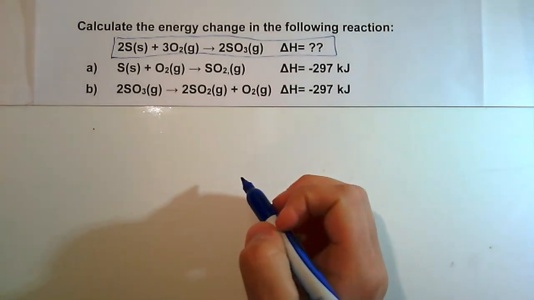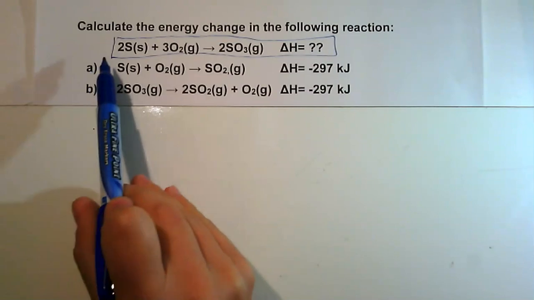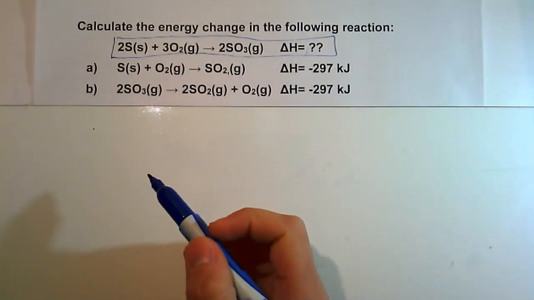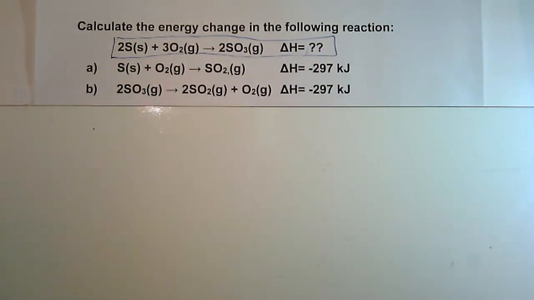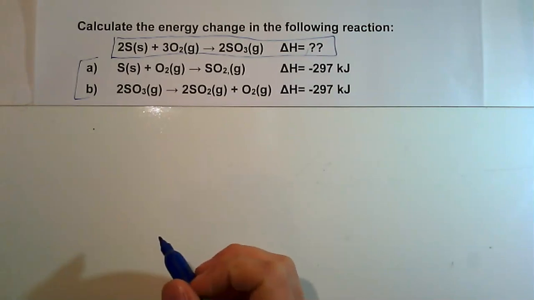And so what we need to do is rearrange these reactions so we can sum them up and get our target reaction. So what I like to start out by doing is looking for things that only appear once out of the two equations that we are given.